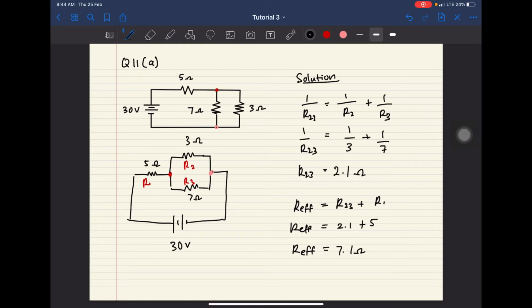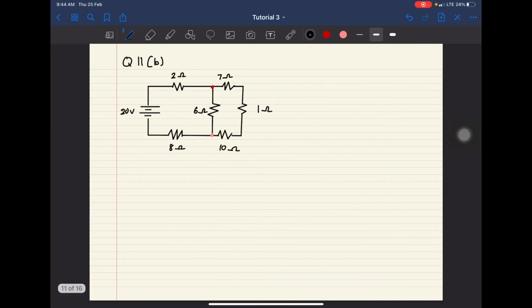Okay, the next question will be question number 11B. So this one involves a few resistors, ada banyak sikit lah compared to previously, tapi jangan risau juga. Again, normally I will try to redraw so that all my components are along the x-axis.